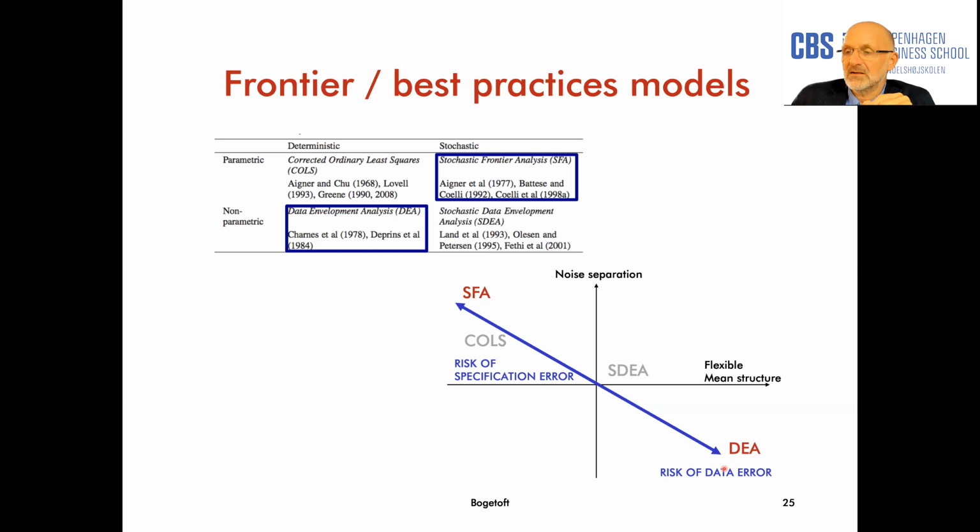And to protect everyone, maybe it's a good idea to do both a DEA and a stochastic frontier and take the best of those, as we talked about. Or one could also use some of the newer methods we're going to talk about in a later presentation, like the StoNED method or some non-parametric SFA model.